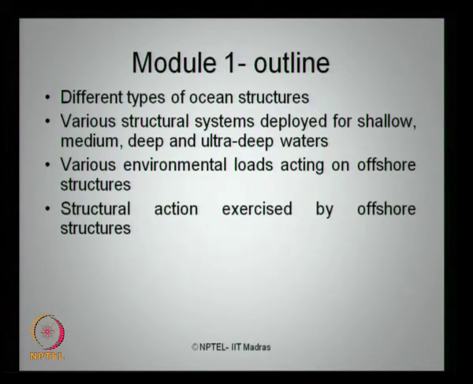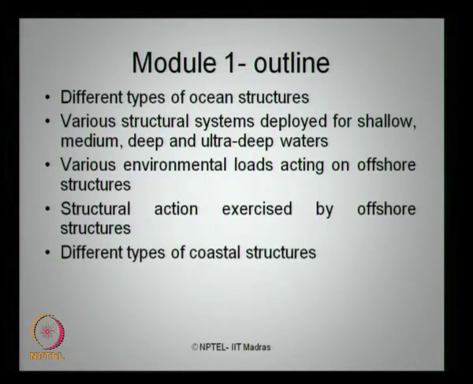We also discussed structural action exercised by various types of ocean structures to encounter these applied loads on these members. We also discussed in detail different types of coastal structures, their structural form, geometric shape, size, dimension and cross section and their applicability in terms of benefits, merits and demerits of coastal structures.